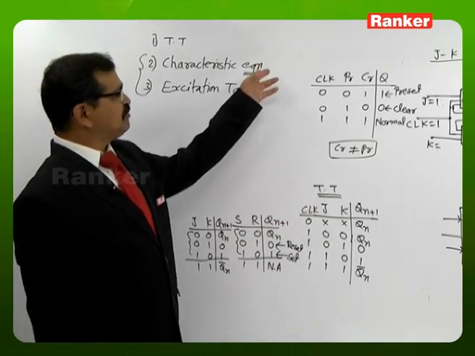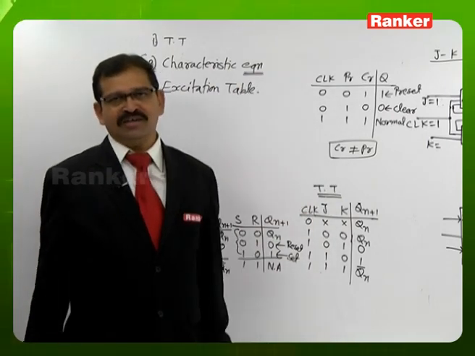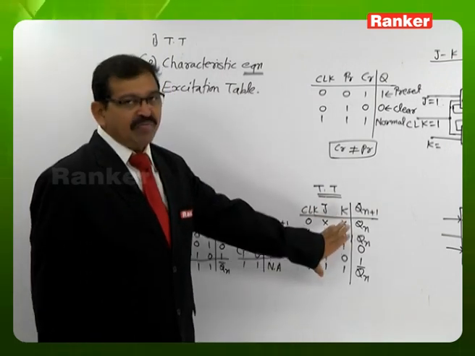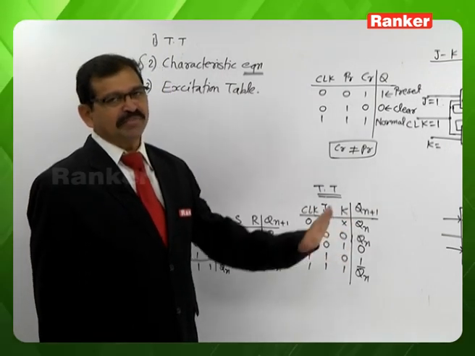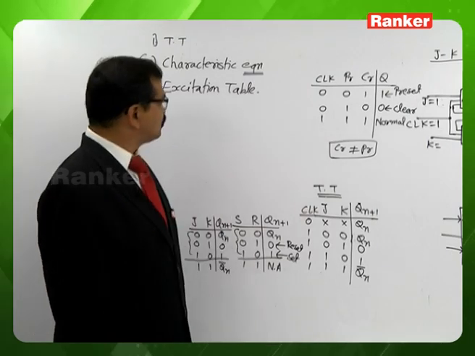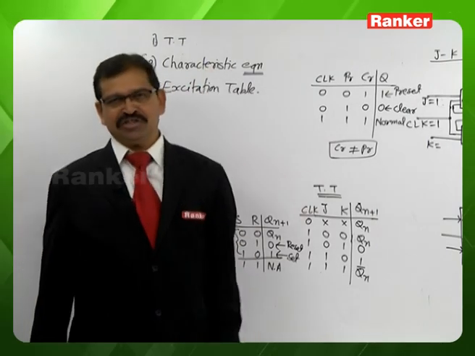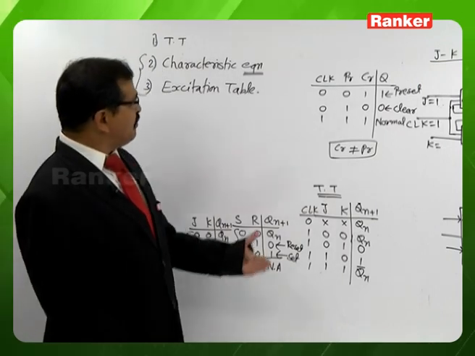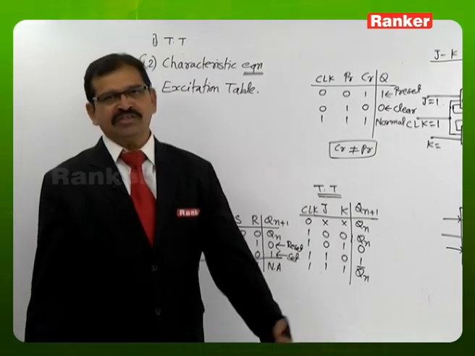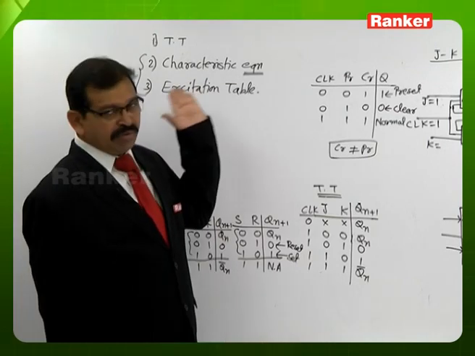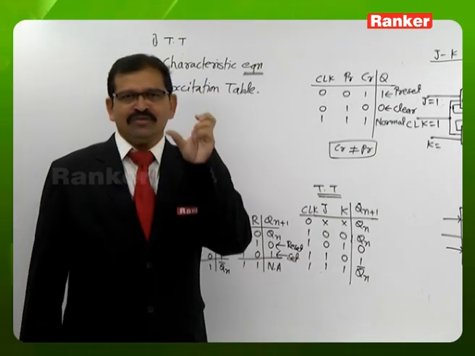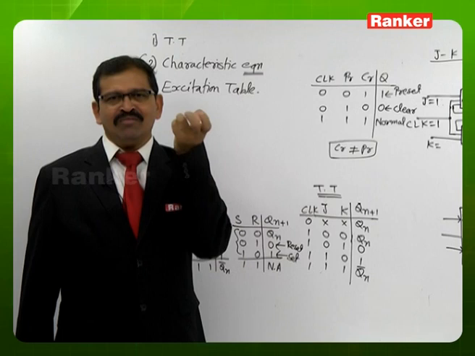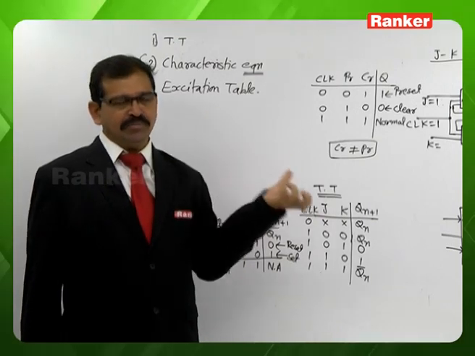But based on this mathematical word, it is possible to understand if we format this truth table data as a mathematical equation, that equation we name as the characteristic equation. Whenever we are developing a mathematical equation, we will always have some independent variables and some dependent variables.